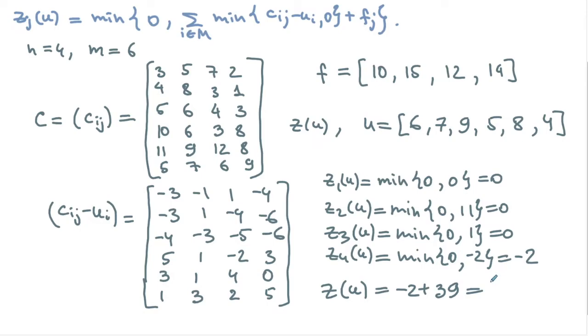So we obtain 37, and this is the value of the Lagrangian dual objective at this point u right here. And in our case, we are talking about a minimization problem, so this will give us a lower bound on the optimal objective value. So we know that the optimal cost will be at least 37 and perhaps greater than that.